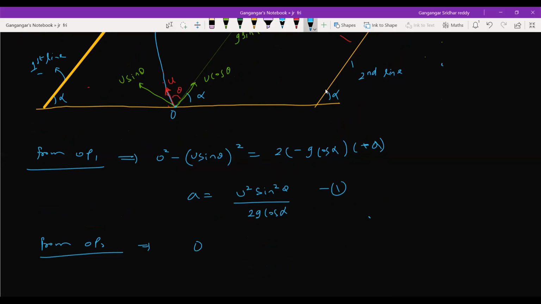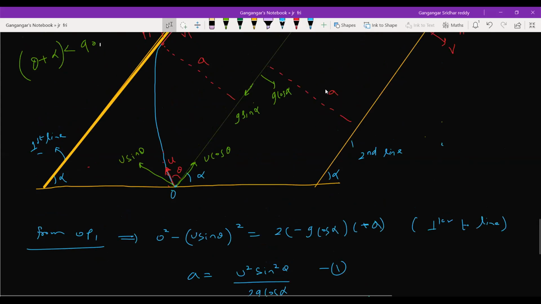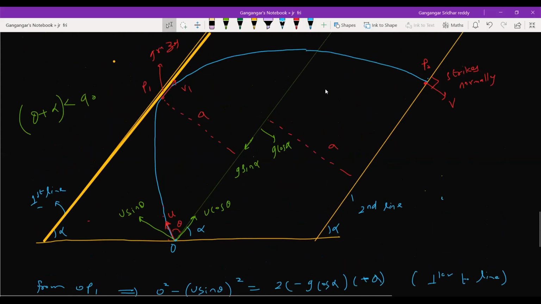Final velocity will be 0 along the incline. Along the incline, the component of velocity parallel to the incline will be 0 here. Initial velocity is U cos theta, then g sine alpha.